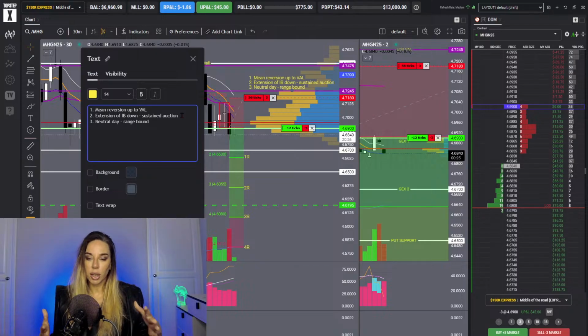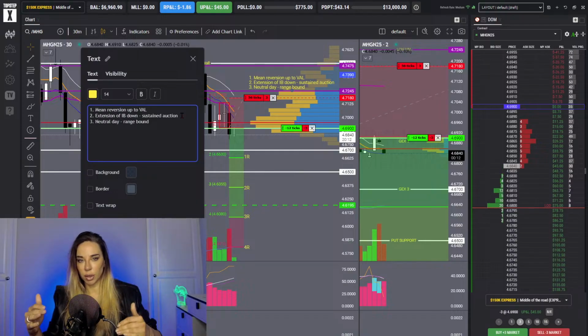And the good thing about doing it this way is that you have things like the value area, settlement, you have options levels. They will all be at slightly different points every day, giving you a different outlook, right?